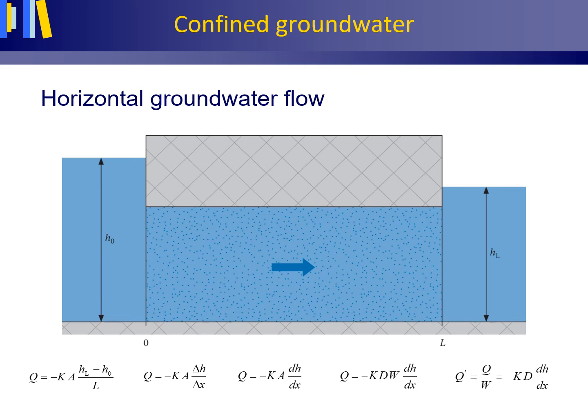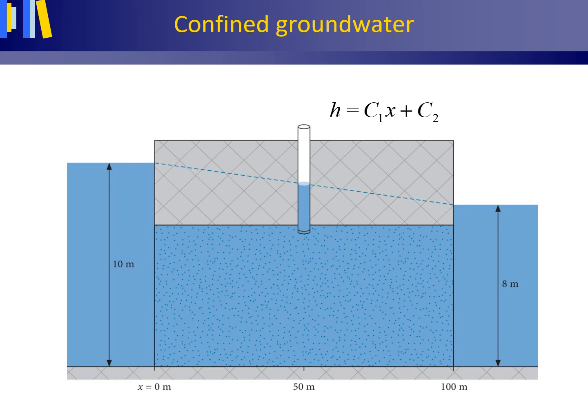Mathematically, this linear relation between H and X can be written as follows. H equals C1x plus C2. Please note that in this figure, H0 has been taken as 10 meters, L as 100 meters, and HL as 8 meters.